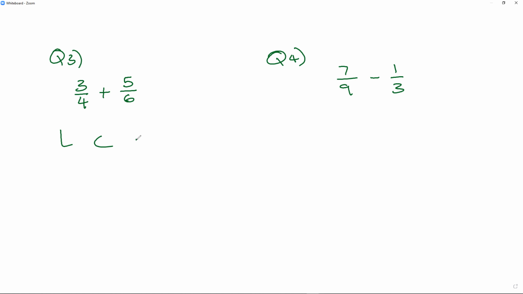It's called LCD. What does LCD mean? Lowest common denominator. That's right.